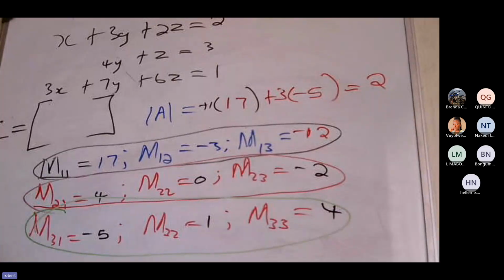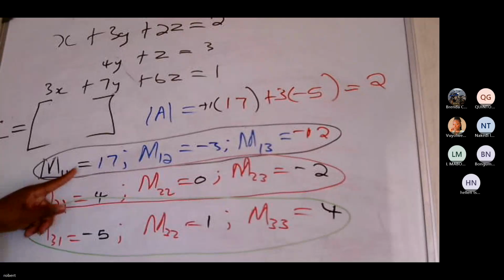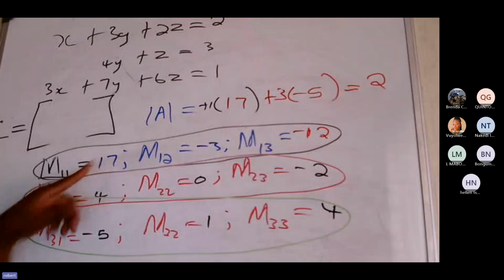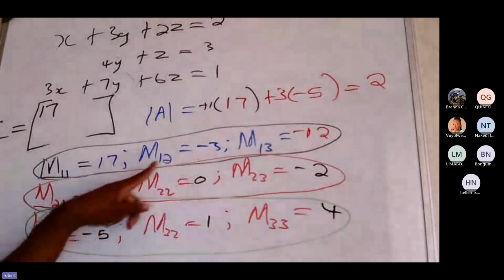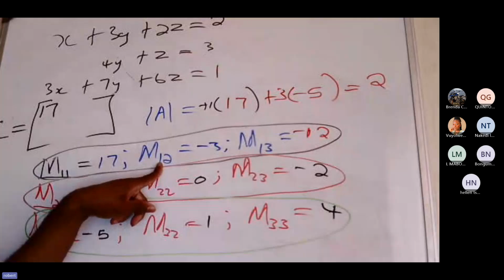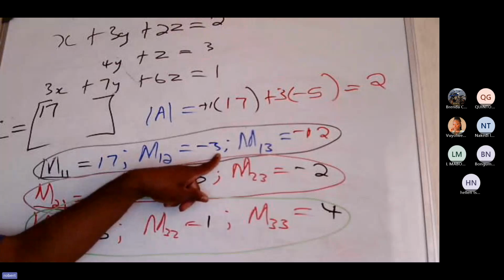Now, when you add these two subscripts, 1 plus 1 is even. Therefore, this we're going to multiply by positive. Therefore, it will be 17 here. What about this one? Adding 1 and 2 is odd because it's 3. Therefore, this we are going to multiply by negative.